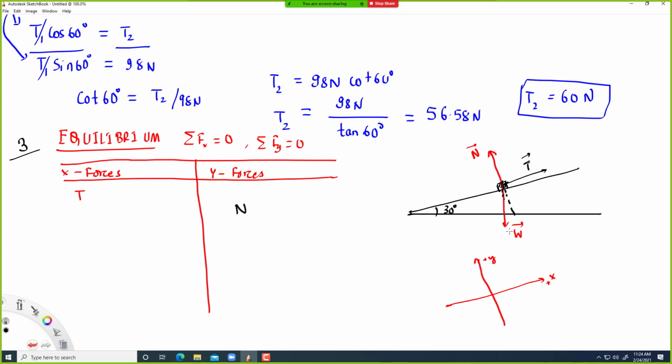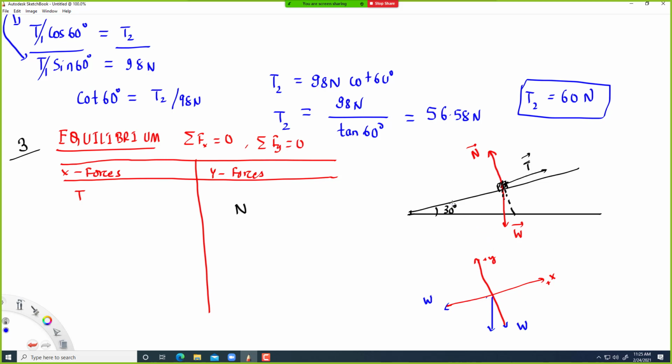Now this W is part along the x direction and part along the y direction. W is vertically down, so it has this component and this component. This would be the x component of W, and this would be the y component of W. We first need to find the angle here.